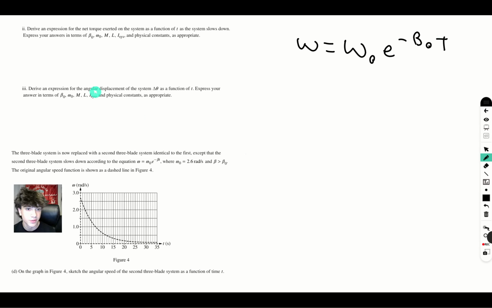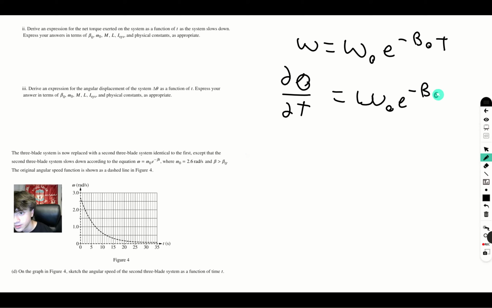Derive an expression for the angular displacement. Now for the angular displacement, to go from this to angular displacement, which is in terms of theta, you have to integrate. So we know that omega is just d theta dt. So here we go. This would be our first step. D theta, multiply both sides by dt.